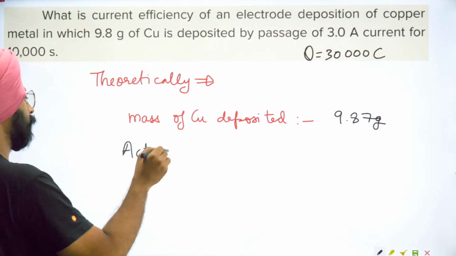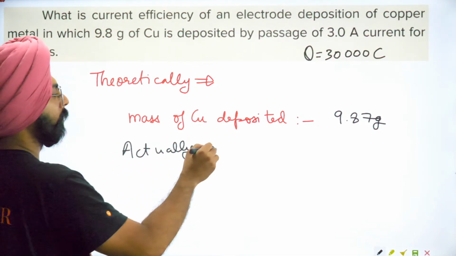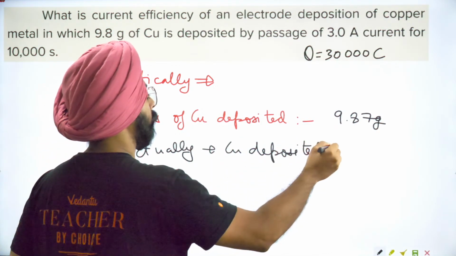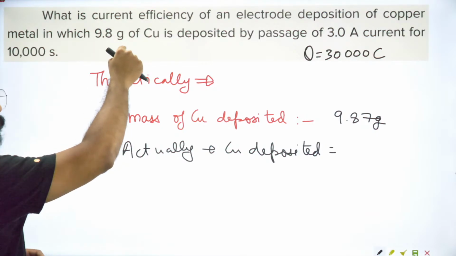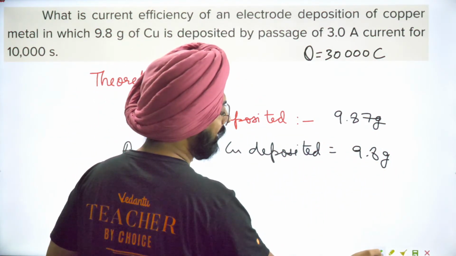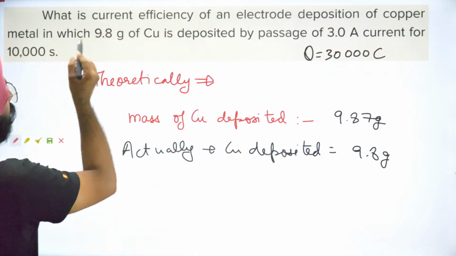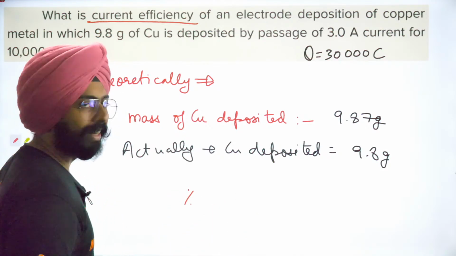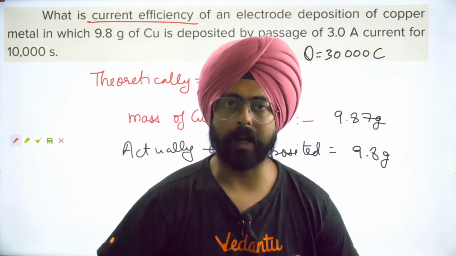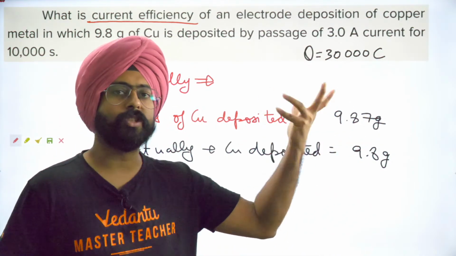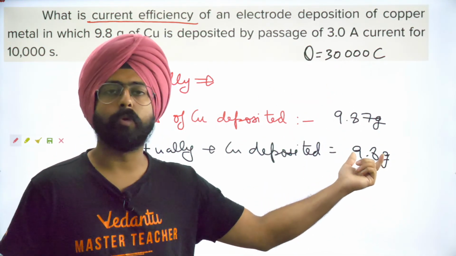Actually, copper deposited is equal to 9.8 grams. So my dear friends, current efficiency is basically percentage. How efficient was the current? You expected it to give you 9.87 grams, but its efficiency was only to give you 9.8 grams.